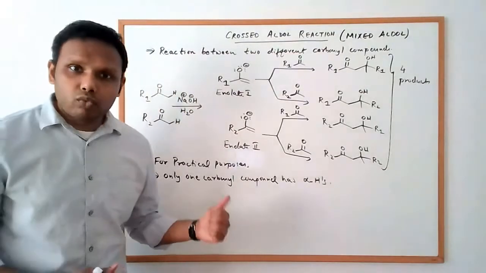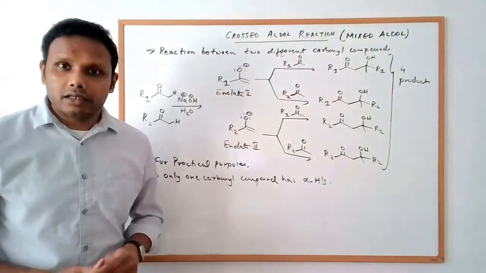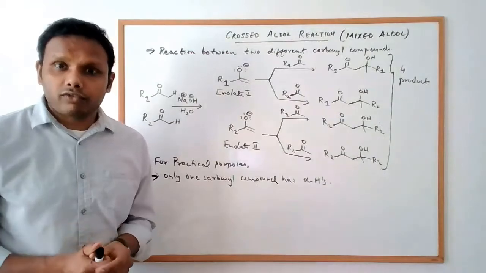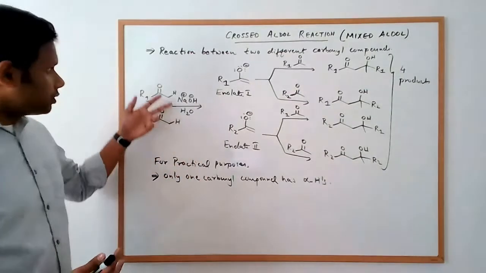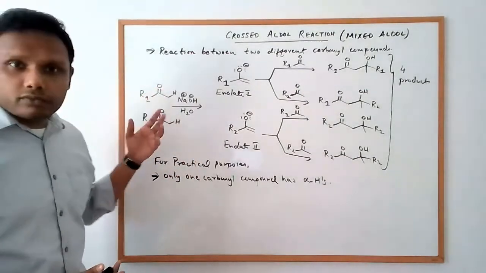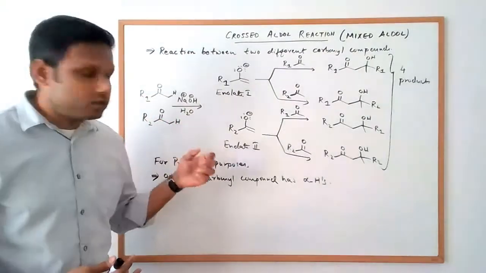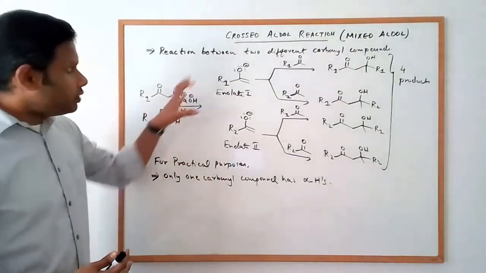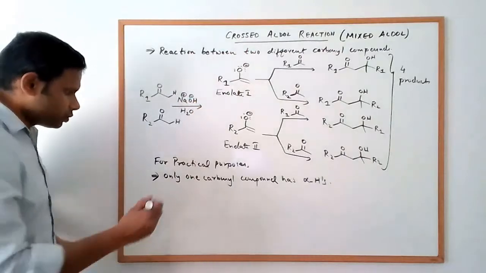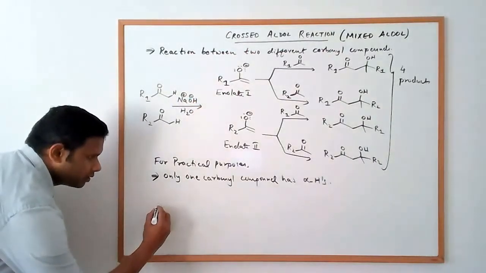That means there's only one carbonyl compound that is capable of forming the enolate. So if we have 2 compounds and only one is able to form the enolate, then we eliminate one of the enolates. So now we are looking at a situation like this.